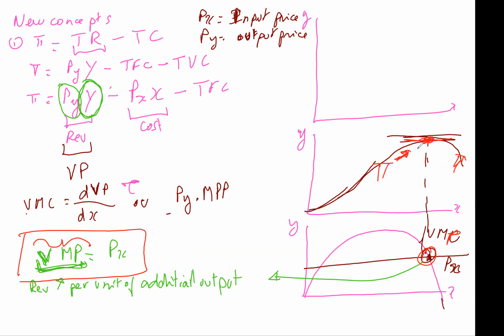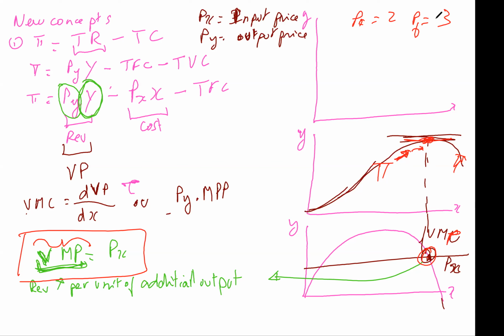Does that make sense? Every time I'm selling one more unit, so let's say milk, right? The price of milk is $2 per liter, and the price of feed equals 3.